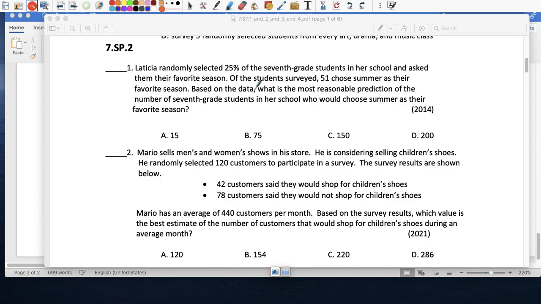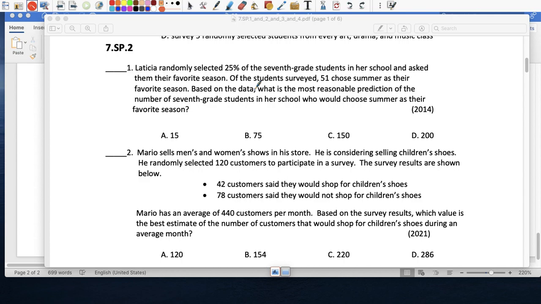Hang on a second. Let's see what this would be. It's not giving me a total.